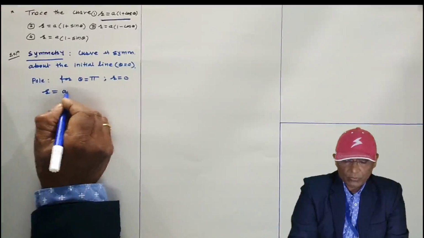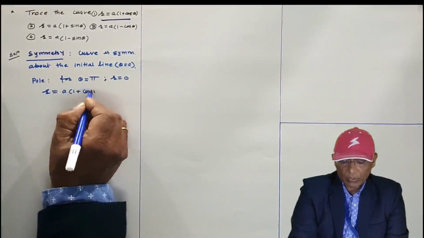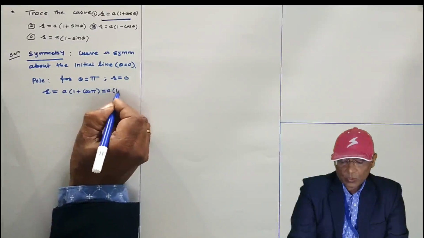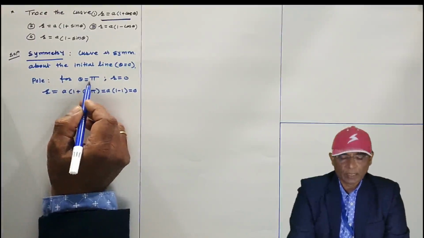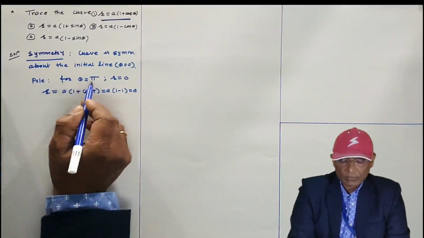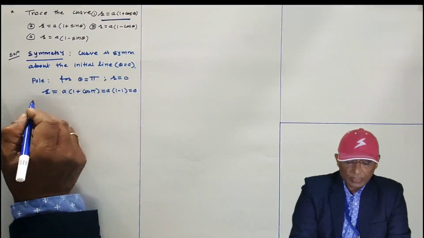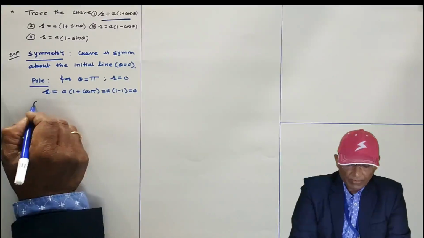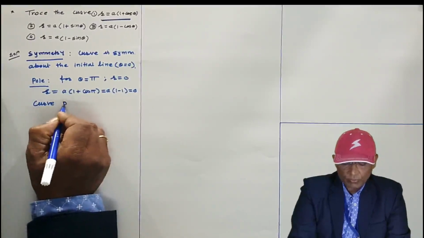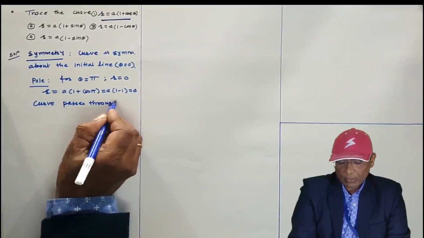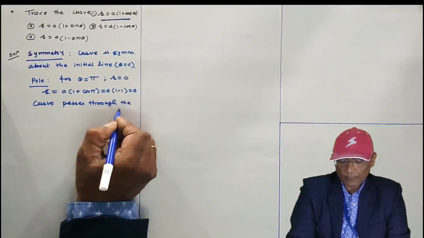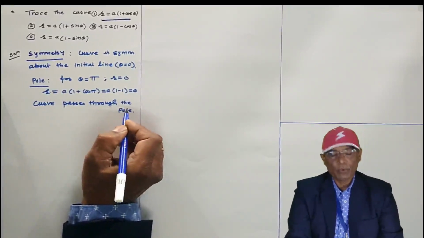There may be more than one value of theta for which r becomes 0, but for at least one value of theta, r becomes 0. Then the curve passes through the pole. The given curve passes through the pole. If the curve passes through the pole, then we can find the tangent at the pole. So how do you find the tangent at the pole?